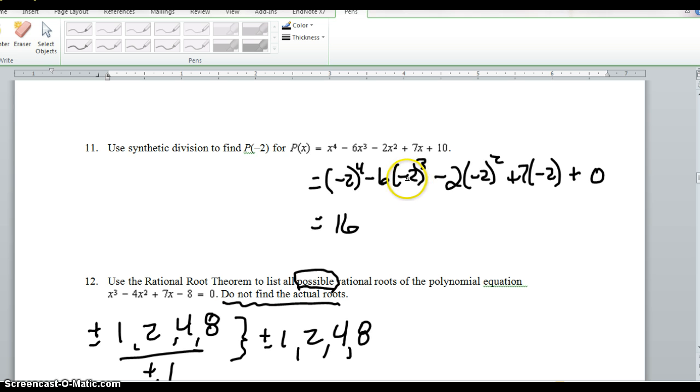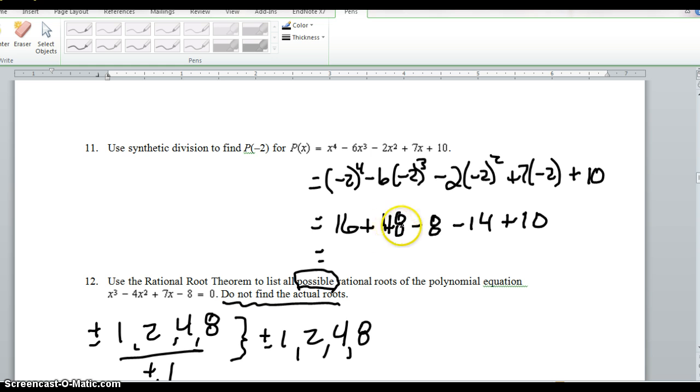This is going to simplify to -8 times -6 for a positive 48. Whoops, this is going to be positive 4 times -2, so it's going to be -8. This is going to be -14 plus 10. So let's see if we can simplify this further. This is going to simplify to 40.